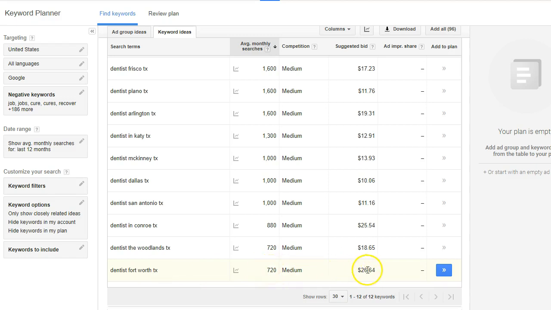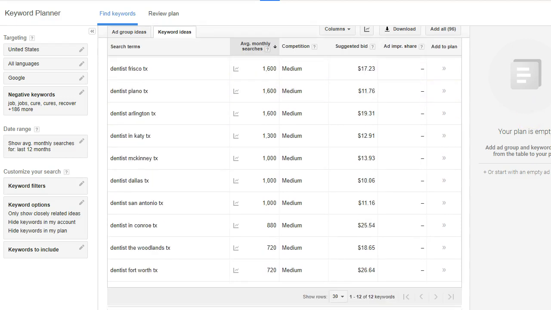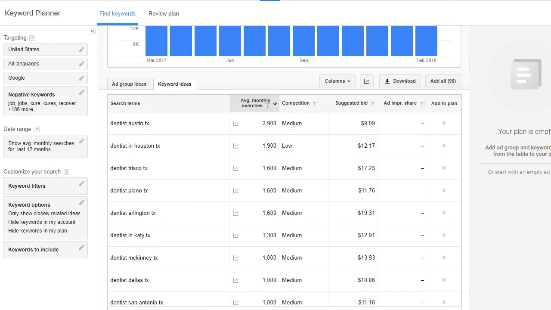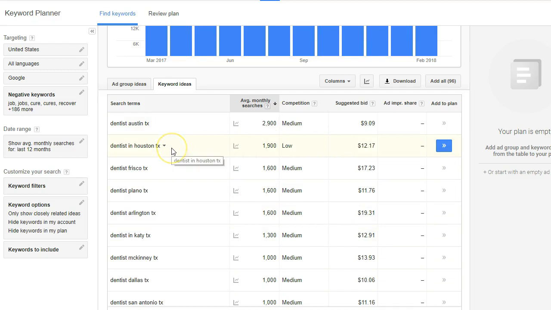But you can see the cost per click is quite high, $26, $27, whereas in Austin it's only $9. So essentially, if your practice is located in Fort Worth, you have to pay 3 times the amount a dentist in Austin has to pay to advertise on Google. Similarly, if you were in Houston, which is again a large city, you only have to pay 12. But if you're in Frisco, you have to pay 17.